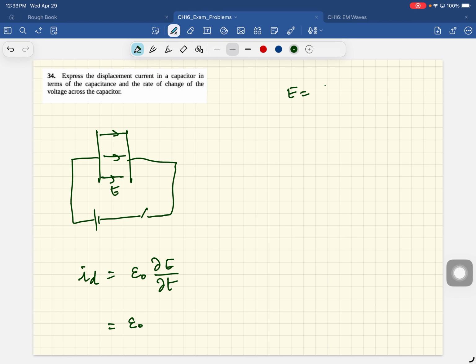The electric field between the plates is V over d, volts per meter, and so del E by del t is 1 over d times del V by del t.